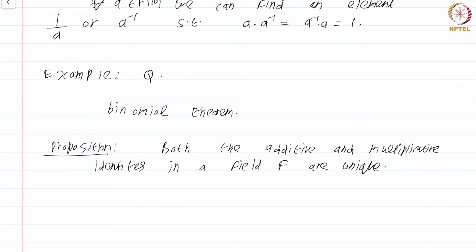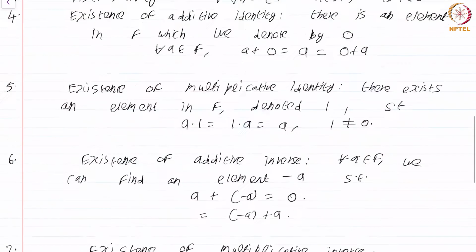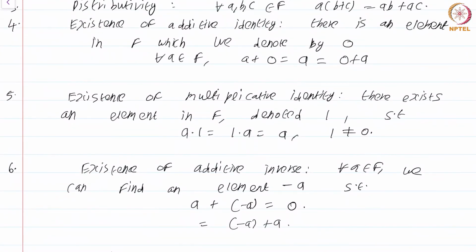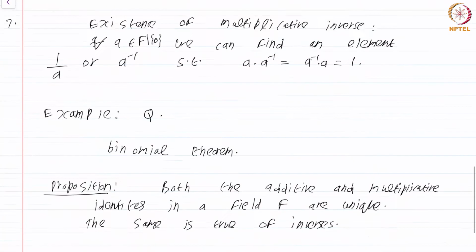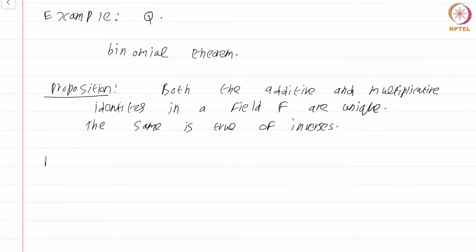The same is true of inverses. Note, when I stated these axioms, I just said there is an element denoted 1. I did not say there is exactly one element like that. Of course, you can postulate that there is exactly one element. There is nothing wrong with that, except it turns out that you don't need to, and it is a consequence of the other axioms. Okay, so for the first time we have to show that something is unique.